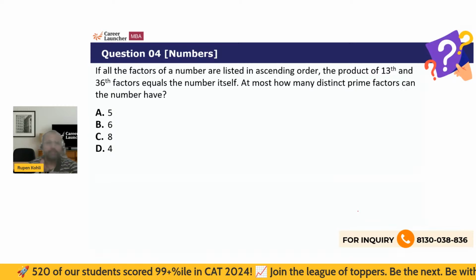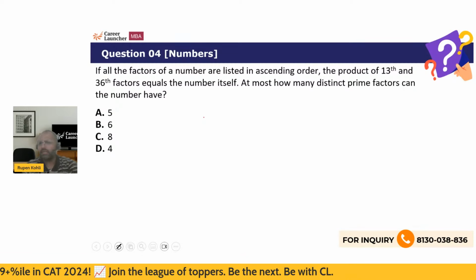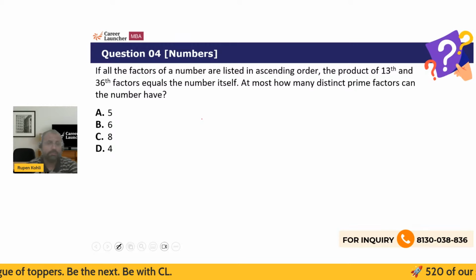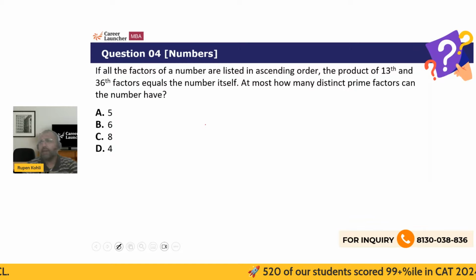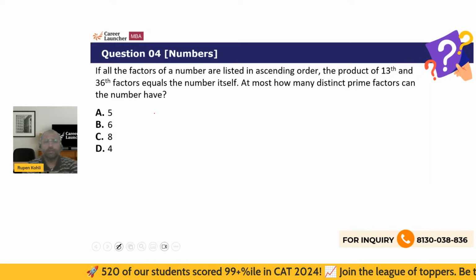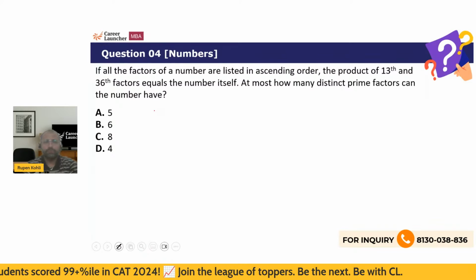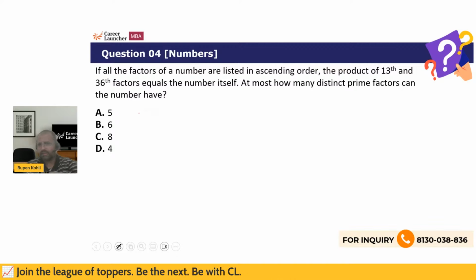Okay, let's see. So this question is on the core ideas of factor concepts of numbers. The concept being that in any number, when we list down all the factors as a list, the first factor is always 1 and the last factor is always n.